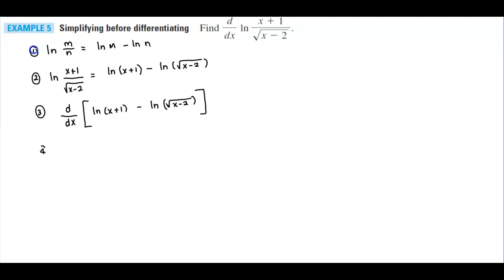If we take this step by step, we're finding the derivative with respect to x of the natural log of (x + 1) minus the derivative with respect to x of the natural log of the square root of (x - 2).